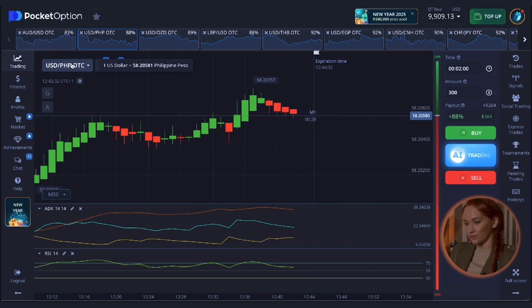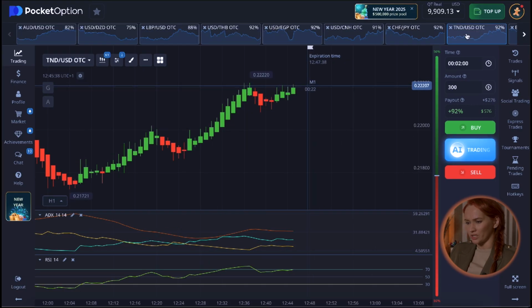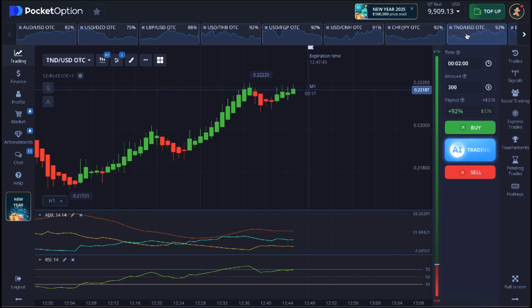Let's choose the next currency pair. So the US dollar, Philippine peso. Well, here we see a flat movement, so we skip this currency pair. Why don't we close this completely?